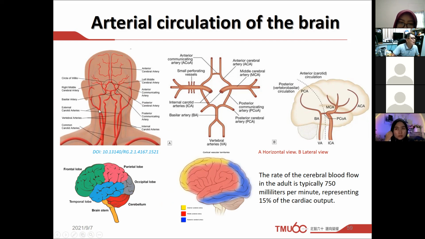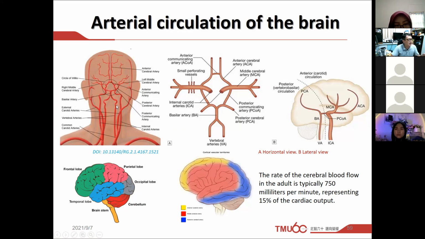Let's see this one, the carotid artery: internal carotid artery and external carotid artery. The external carotid artery provides blood flow to the face. The internal carotid artery provides blood flow into the brain here. That's the internal carotid artery.